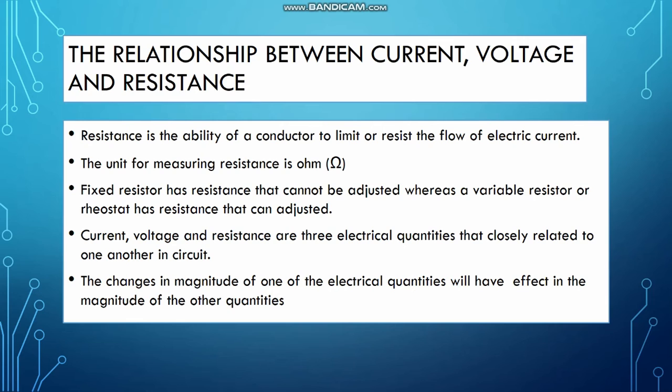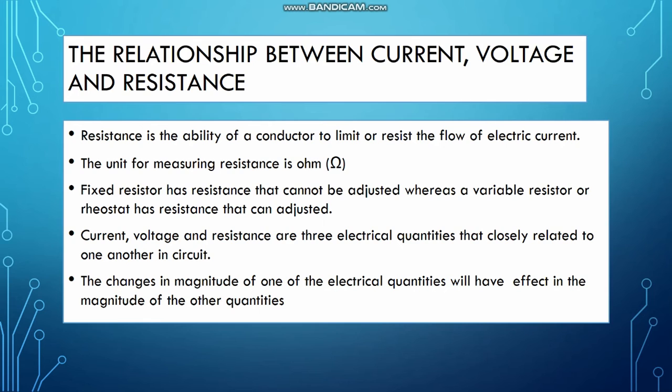Next, we learn about the relationship between current, voltage, and resistance. The first thing you need to know is the definition of resistance. Resistance is the ability of a conductor to limit or resist the flow of current, which means it will stop the flow of current, or it will only supply a certain amount of current to the circuit.